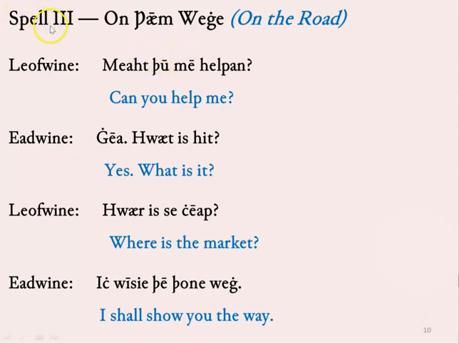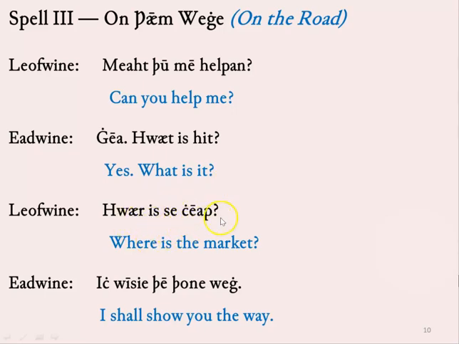Sapella thrie, on tham weya. On the road, so story 3, on the road. Mecht thu me helpan. Can you help me? Yeah, hwat is hit? Yes, what is it?